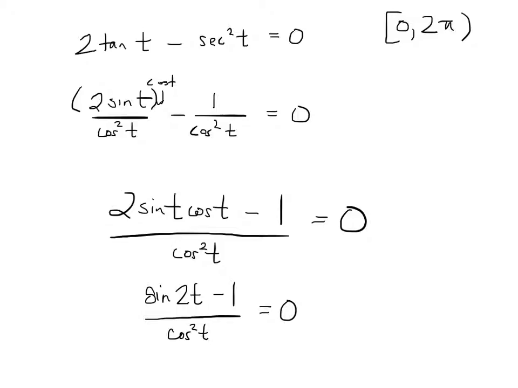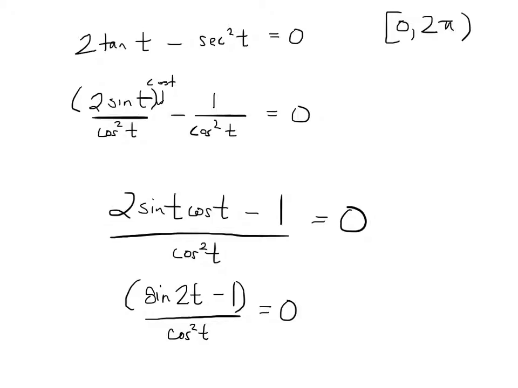Now, in this equation, because it's an honest equality and we're not doing the weird inequality stuff, we only care about the numerator equaling 0. The denominator gives us a restriction.